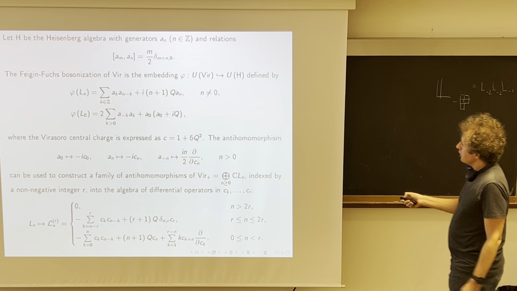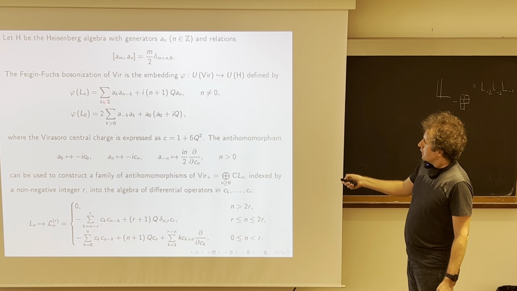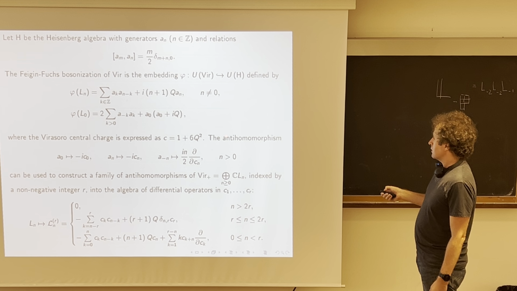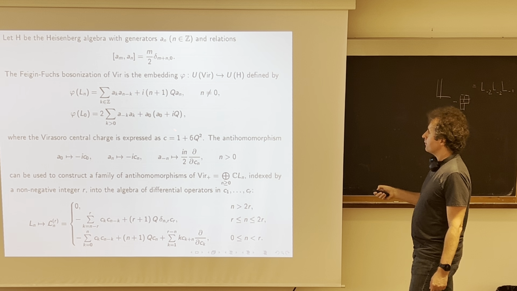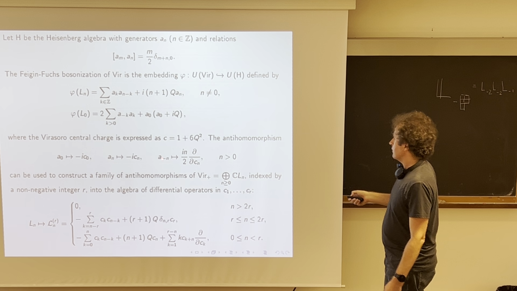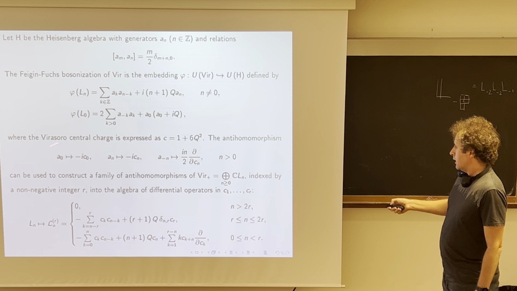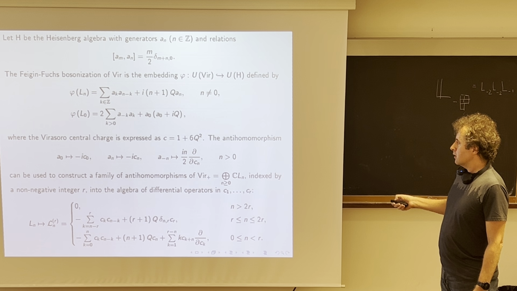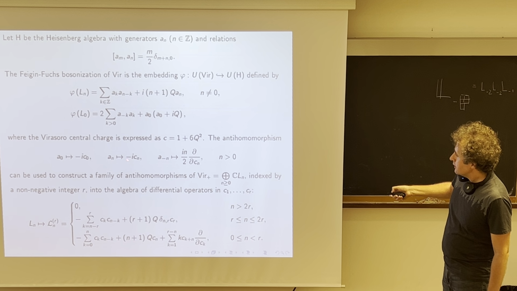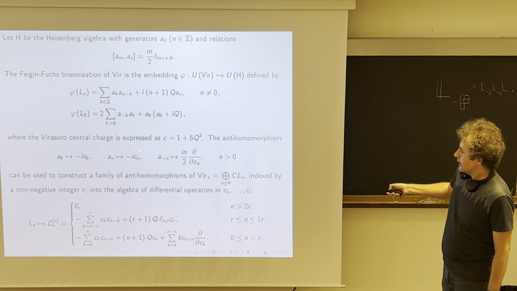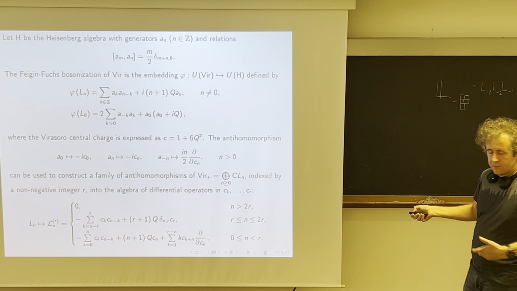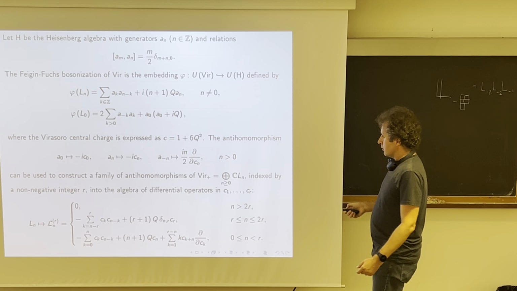And now using this embedding, we can construct a certain anti-homomorphism of the positive part of the Virasoro algebra into an algebra of differential operators in these parameters Cn. These are just some complex numbers which you can fix as you like.